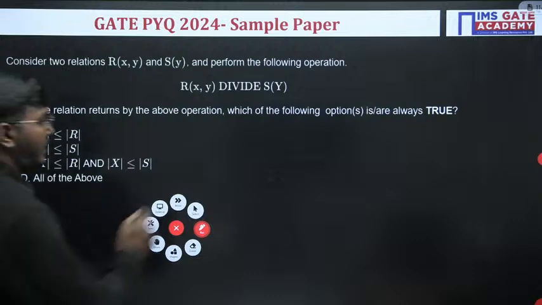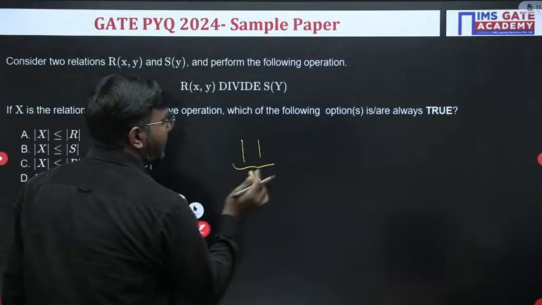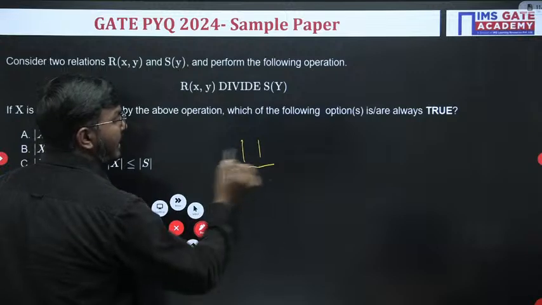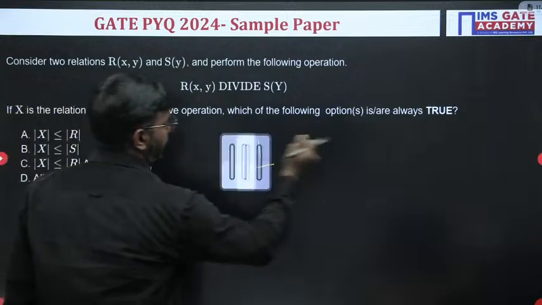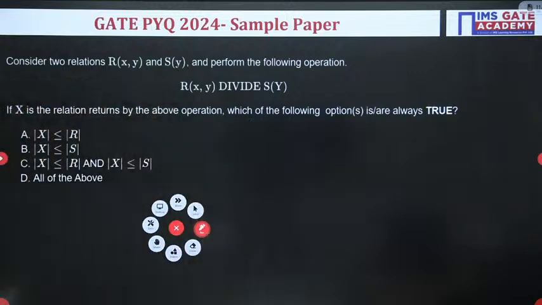This symbol is called the cardinality. Cardinality means how many records we have. Cardinality, size.